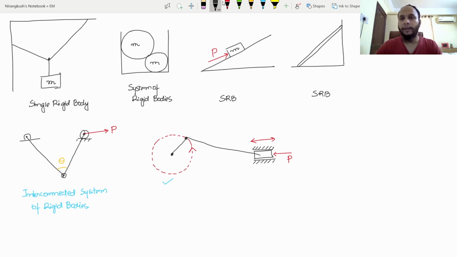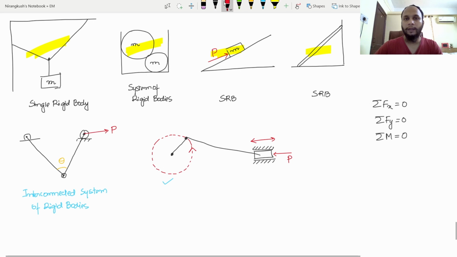So usually what do we do when we face systems like this? What we usually do is net force in the x direction is 0, net force in the y direction is 0. We write equations. If that is not enough, we write net moment is equal to 0. These are called equilibrium equations.